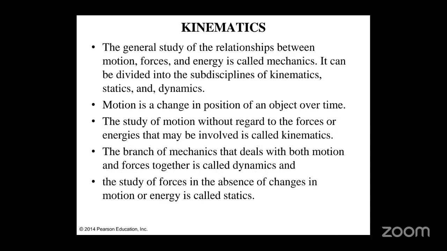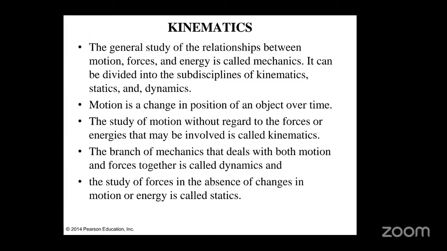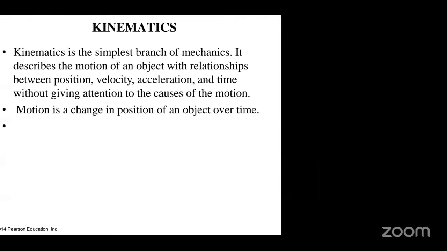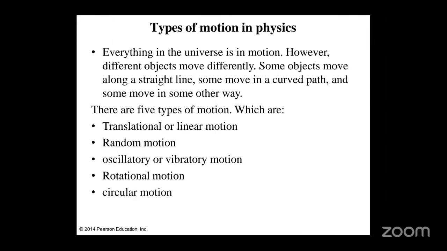So when we talk about motion, there are 5 types of motion. The first is translational or linear motion. We can also call it motion in a straight line.